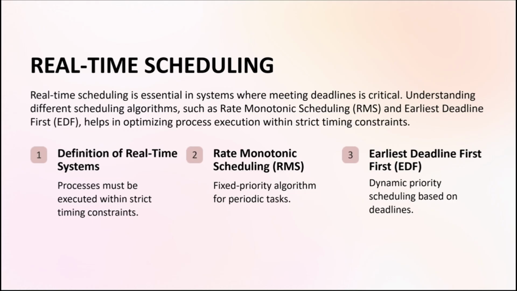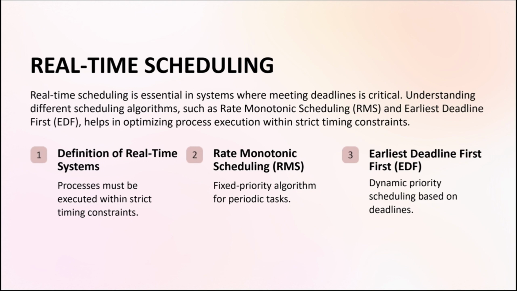Then we also have rate monotonic scheduling, that's the RMS. That one is a fixed priority algorithm for specific tasks. The RMS is just like a rule where shorter tasks always get more priority. So for instance, we have two tasks.